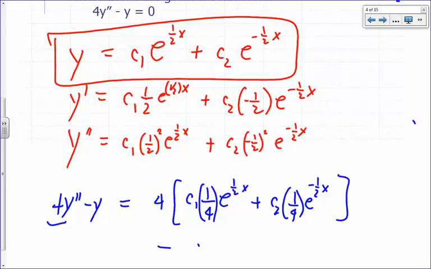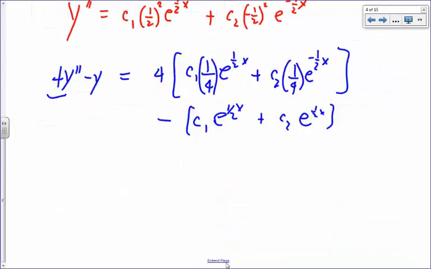Minus y, which is c1 e to the 1/2 x plus c2 e to the negative 1/2 x. Is that correct? So I can factor out this 1/4 and cancel out the 4. And what happens? That whole thing is just equal to 0, right? Which is what we want, 4y double prime minus y equals 0.